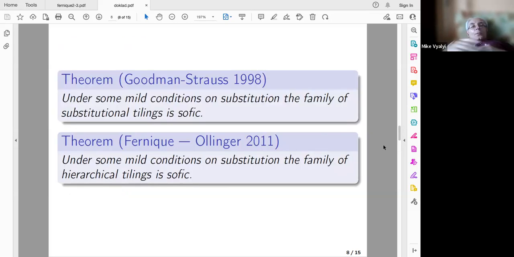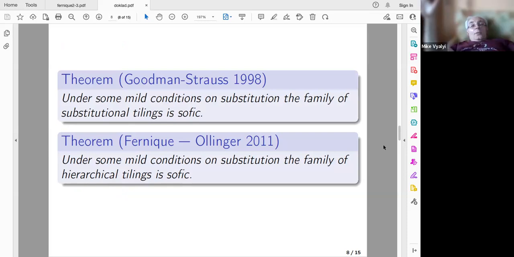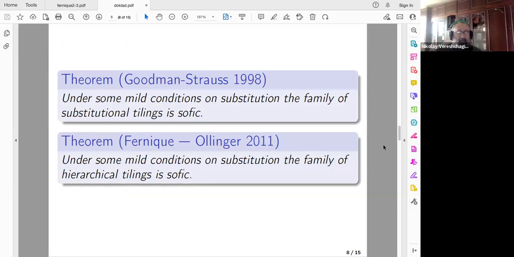But it's useful to recall the definition of a hierarchical tiling. It possesses infinitely many compositions. Right. So if a tiling possesses infinitely many compositions, then we can color the tiles somehow so as to obtain a correct tiling using our tile set, and the other way around.